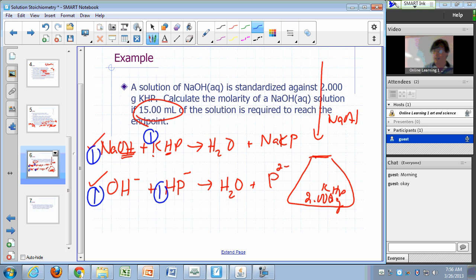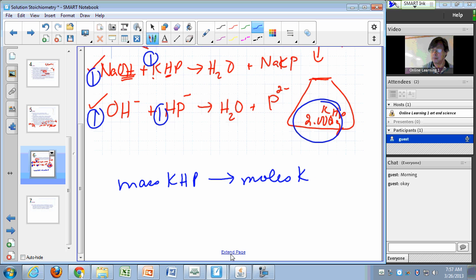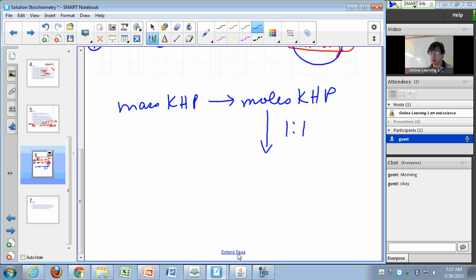So the idea in standardization is this. You're going to know precisely how much KHP you're going to use. You're going to put it on a balance, so you'll get the mass of your KHP. So from the mass of the KHP, you can figure out the moles of KHP. Okay, how do you go from mass to moles, from grams to moles? You're going to need the molar mass of KHP, which is 204.23 grams. And then from the moles of the KHP, you know that the KHP to sodium hydroxide mole-to-mole ratio is 1:1.